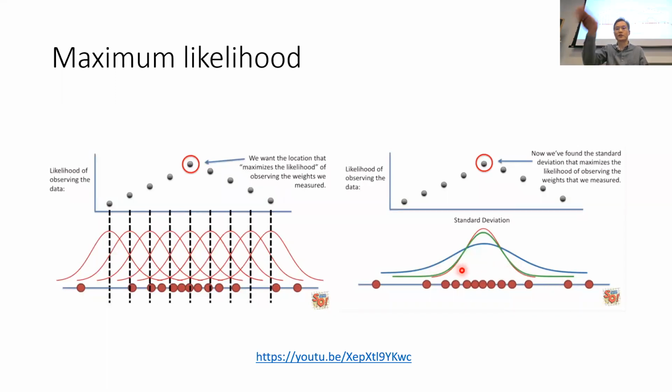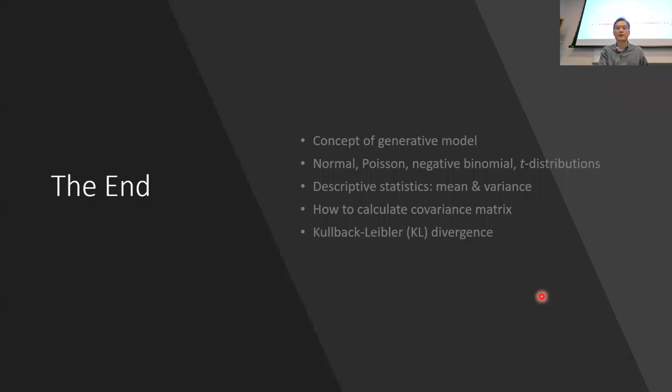You have a blue curve, a red curve, and a green curve, and then tell me which one gives you the largest likelihood in total. Then you can select the best model, which could be the green curve, to fit the data. Okay. If you need to know more, there are links to YouTube videos. I think they give a very good explanation there.